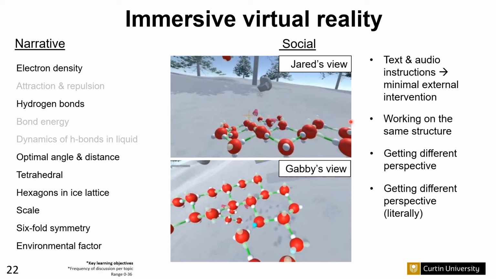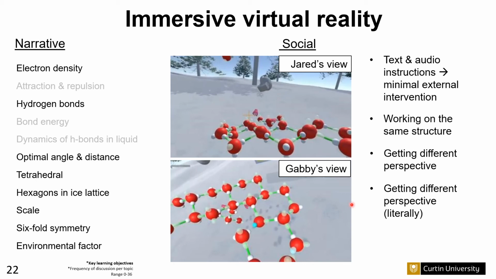So here I show Jared's view and Gabby's view. In Jared's view, this same one layer of ice, he can see the up and down of the structure, or chair conformation of the structure. But in Gabby's view, she can see the hexagonal pattern there.